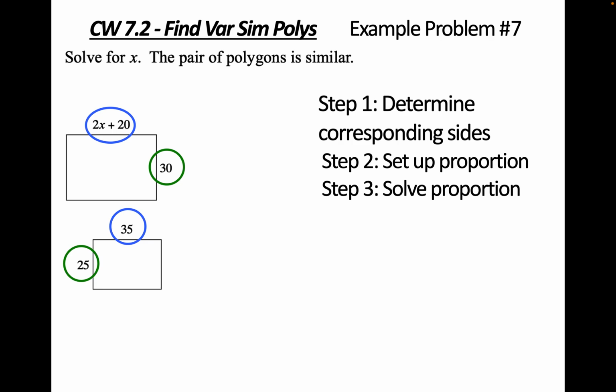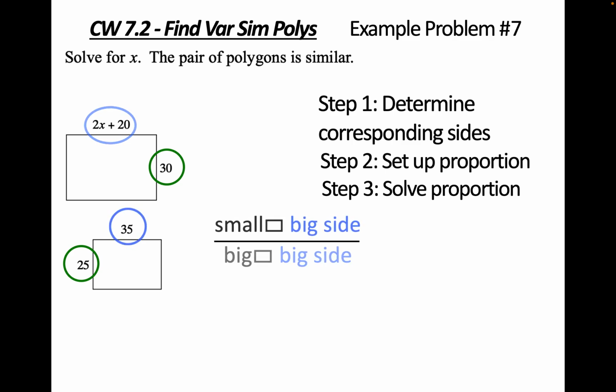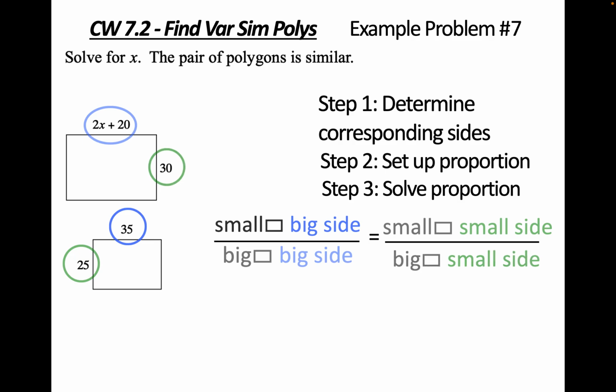But in either case, I'm going to set up the corresponding sides this way, so I can set up my proportion. That the small rectangle big side compared to the big rectangle big side is going to be equal to the small rectangle small side compared to the big rectangle small side.